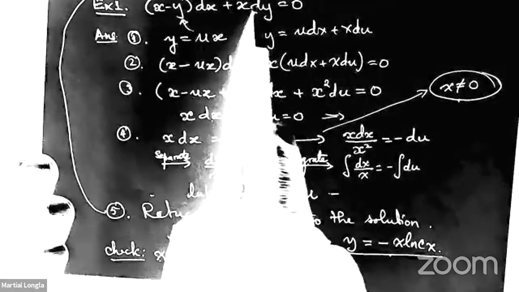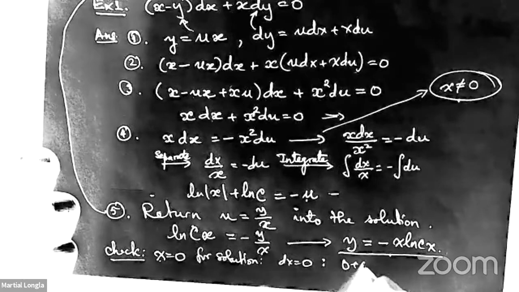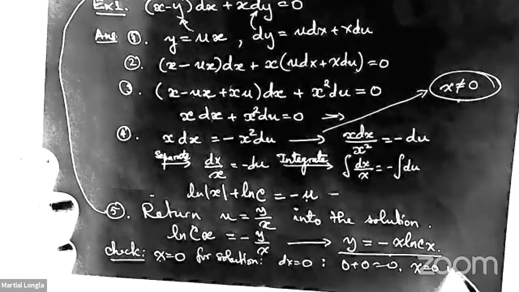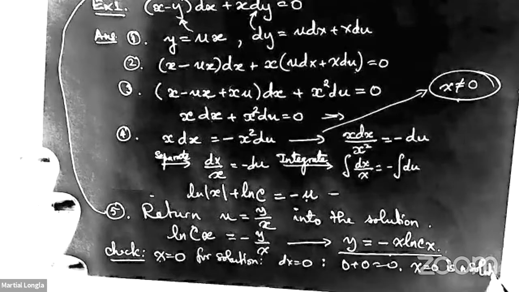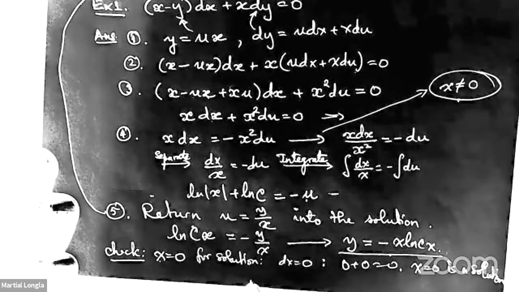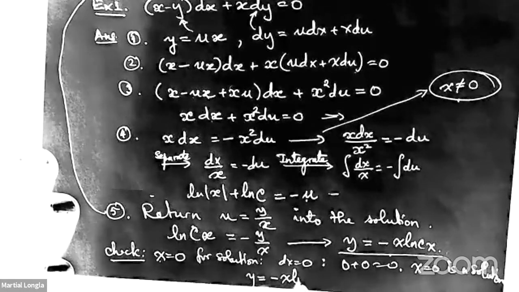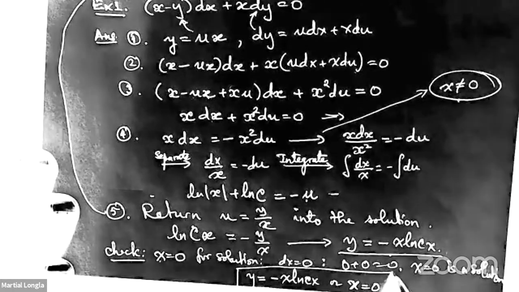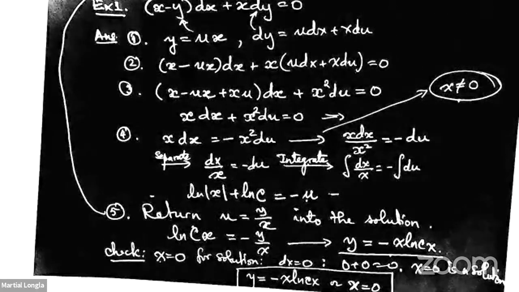So you have 0 plus 0 equals 0. So yes, it is a solution. So x equals 0 is a solution. So the final answer should be y equals minus x natural log of cx, or x equals 0. So the two things form the general solution of this problem.